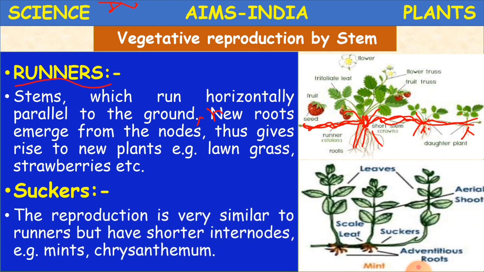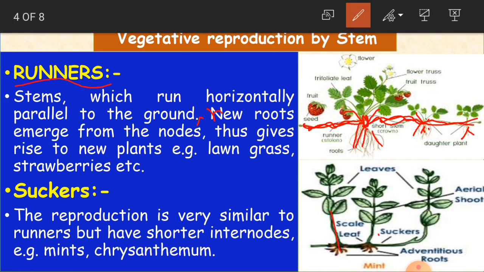Internodes, children, are where leaves, branches and roots grow from the stem, but it has shorter nodes when compared to runners. Like here, if you see in the picture, this is the mint leaves plant.